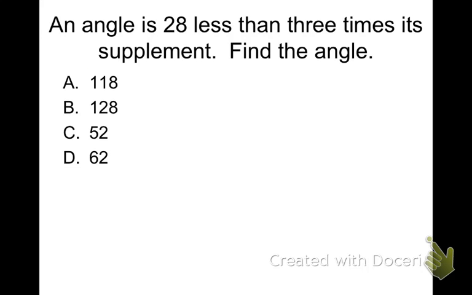If an angle is 28 less than 3 times its supplement, what is the angle? Well, an angle, let's call it A, is 28 less than 3 times its supplement. We'll call the supplement S. So 3S minus 28. So angle A is 28 less than 3 times its supplement.